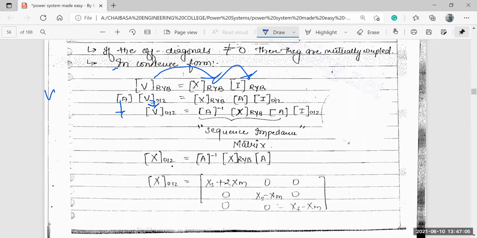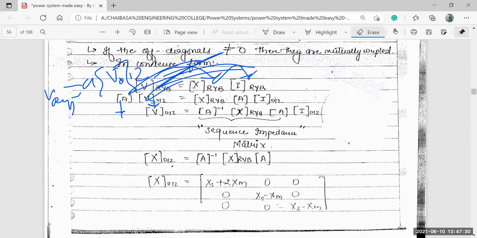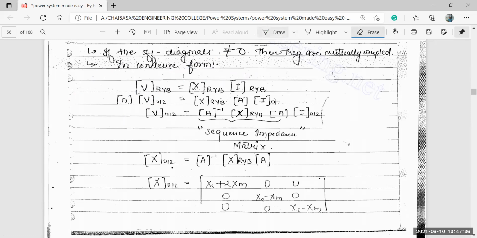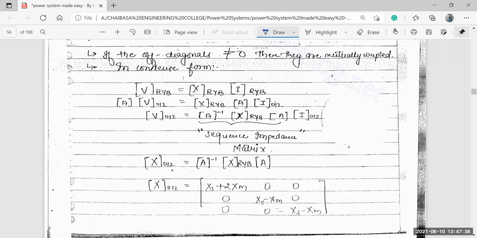We know this, V_RYB equals 1 by 3 A of V_012, and we can replace that in this format. So we have replaced that particular segment in the equation, and X_S is kept as X_S, and I is also converted into the phase sequence components.